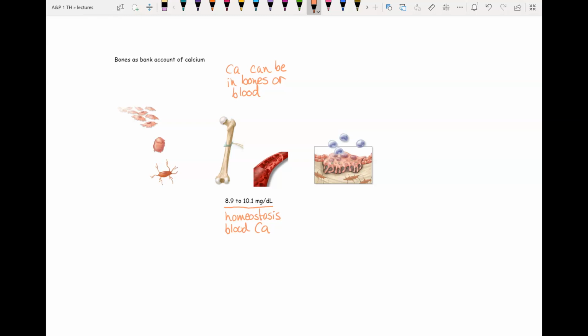Think of your bones as like your bank account, and think of the blood as like your wallet. Let's say every day you get up and you come to school and you want to make sure you have about $9 or $10 in your wallet. That way you can buy lunch and you can get a drink from the vending machine and you can make it through the day. So every day, if you have less than $8.9 in your wallet, then you go to the bank and you get some money out.